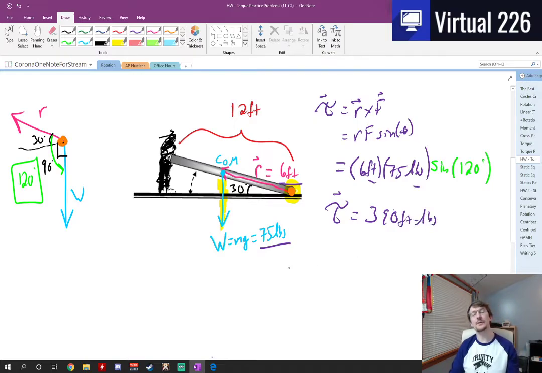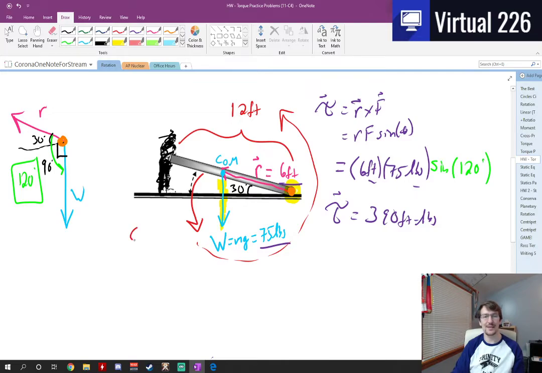Okay? If we'd like to think about what direction our torque is acting, this is a right-hand rule scenario. We can recognize that the weight of the beam is causing this beam to rotate downwards. Like if the beam were to fall, that's the way it would fall. And this way, if we think about the circle it would create, is going counterclockwise. If we take our fingers and turn them counterclockwise, we'll see our thumb pointing out of the page.